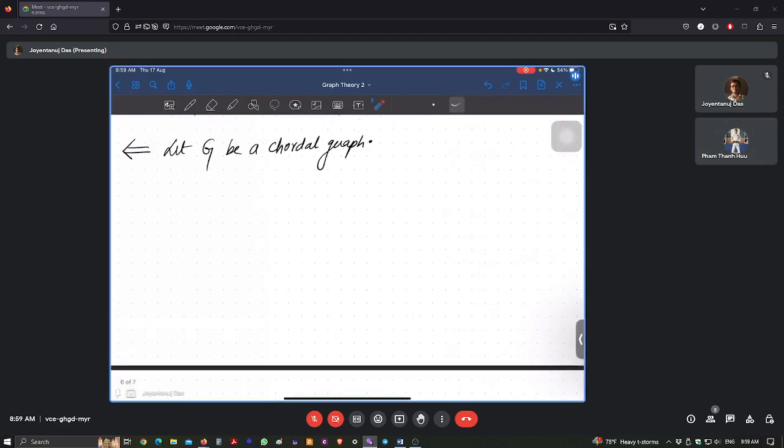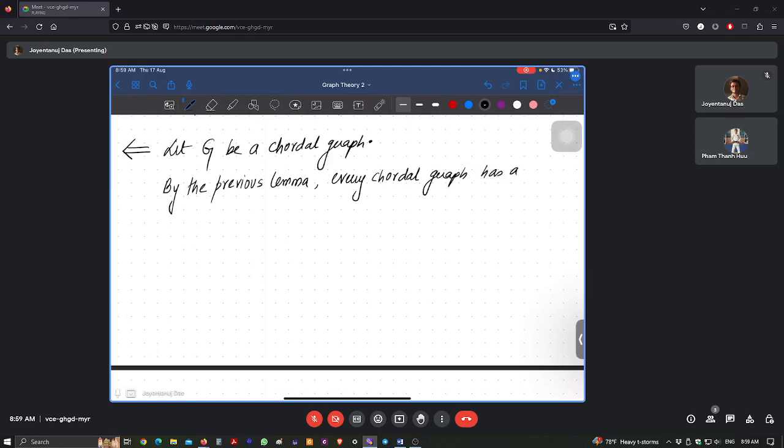G is a chordal graph, so by the previous lemma, every chordal graph has a simplicial vertex.